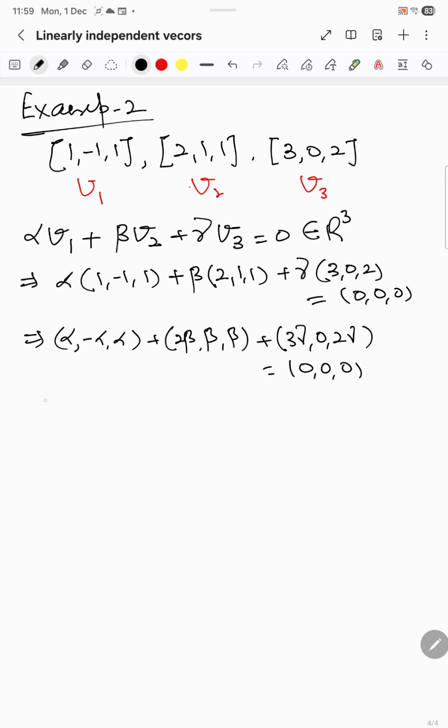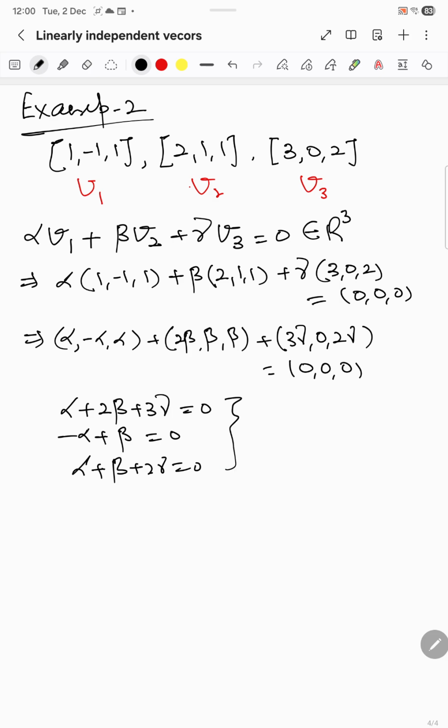So from here again we obtain a homogeneous system of linear equations. This will give alpha plus 2 beta plus 3 gamma is equal to 0, minus alpha plus beta is equal to 0, and alpha plus beta plus 2 gamma is equal to 0.